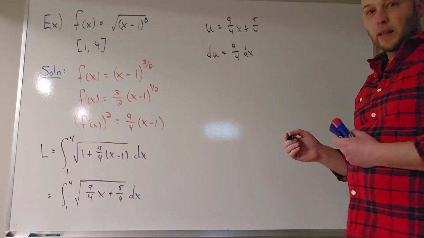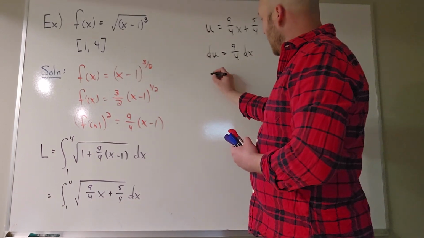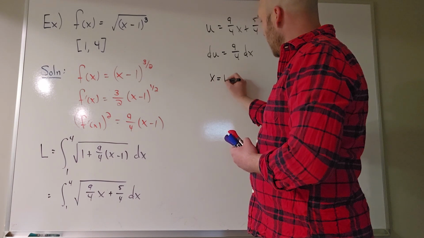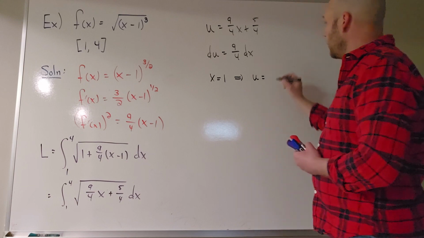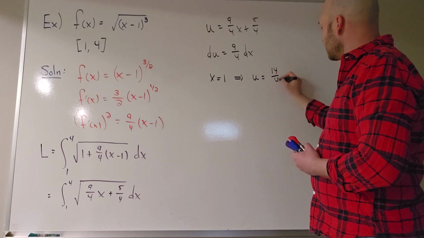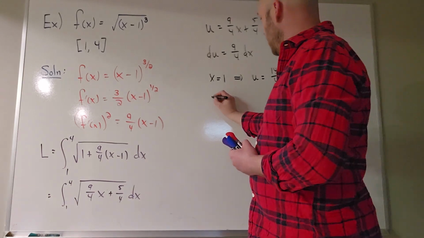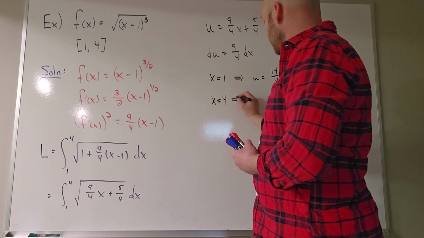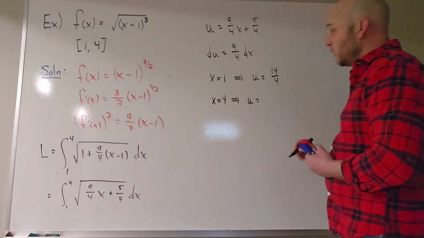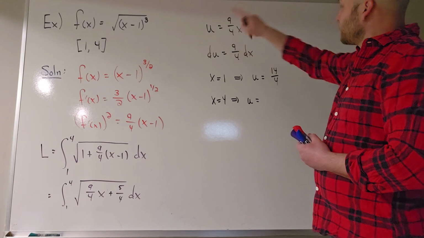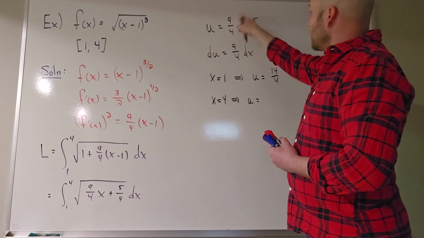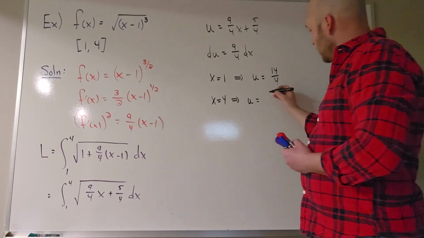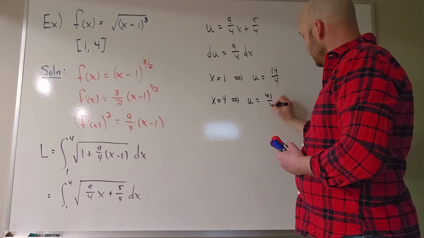And then when I change my limits of integration, the lower limit was x equal to 1, so then that would imply u would be 14/4. If x is 4, then u would be, so again, if I plug 4 up here, 9 times 4 would be 36, and then 36 and 5 would be 41, so this would be 41/4.